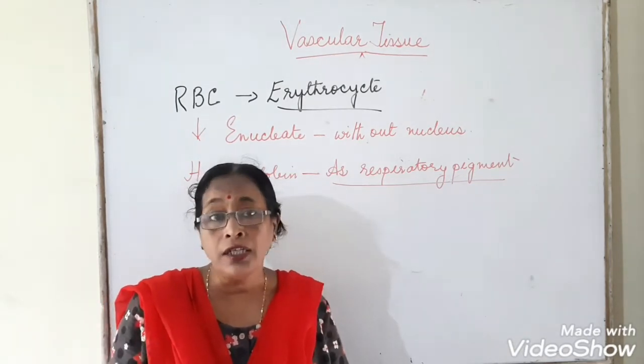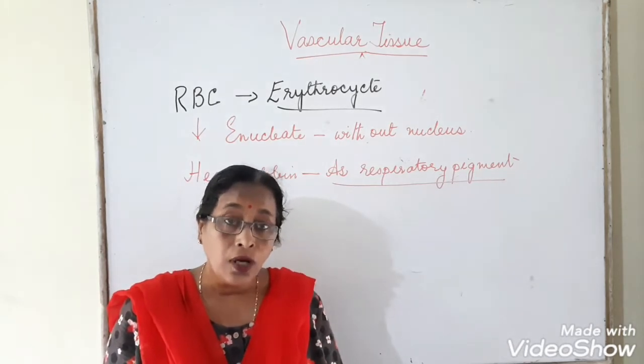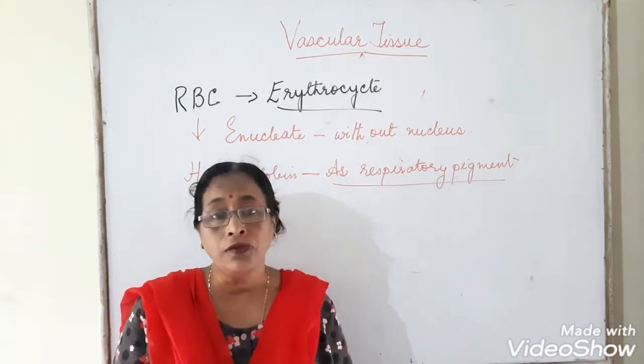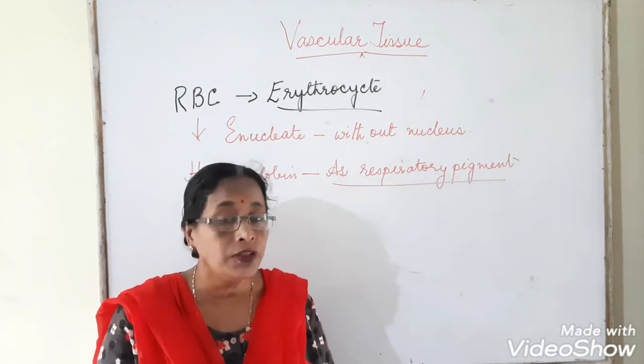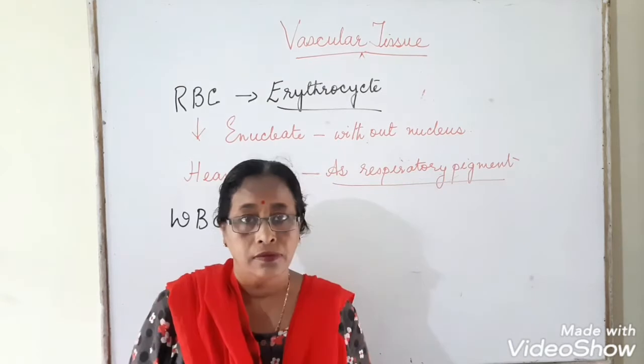Hemoglobin, which is an iron containing pigment, makes the blood red. So, our blood is red because of the presence of the respiratory pigment which contains iron, that is hemoglobin.